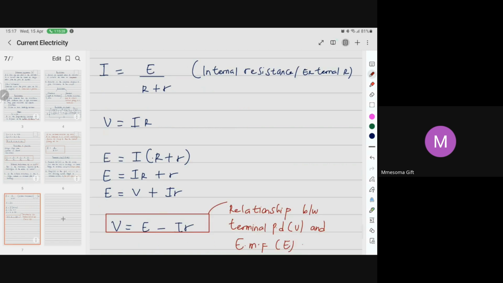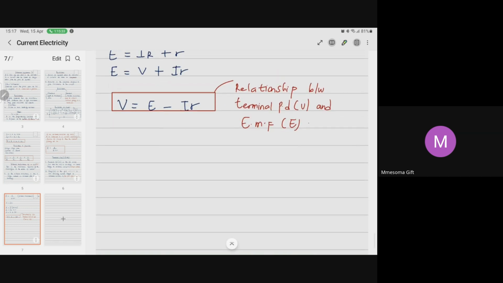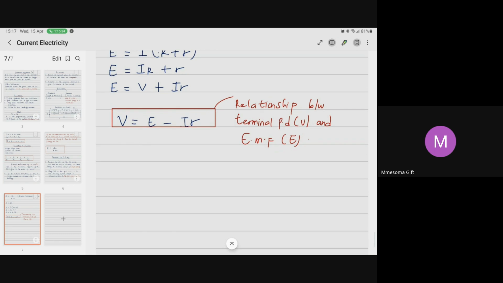And then the last one has to do with the two kinds of potential difference that we have: the terminal PD when the cell is delivering current to the circuit, and when the cell is not delivering current to the circuit. So there's a connection between them. All right. So that said, let's look at resistivity now.